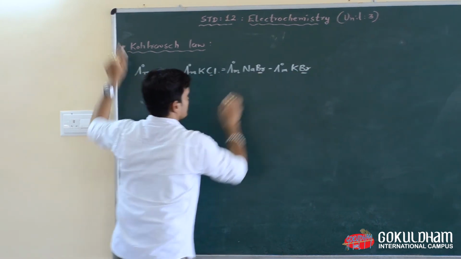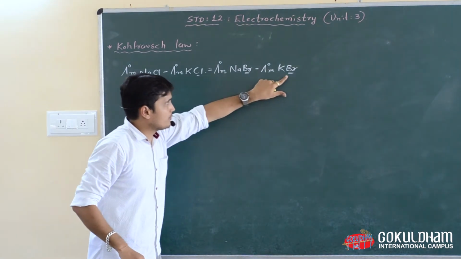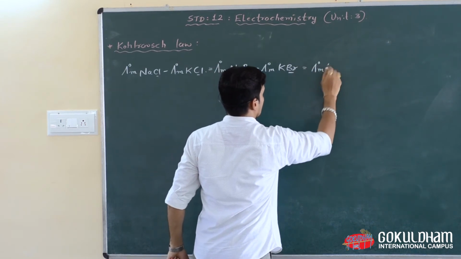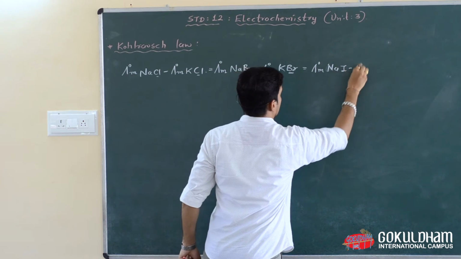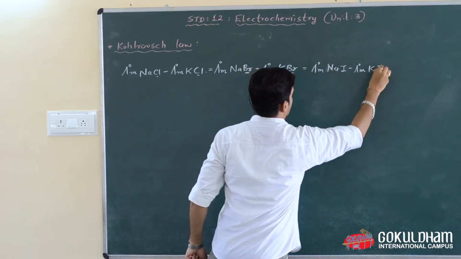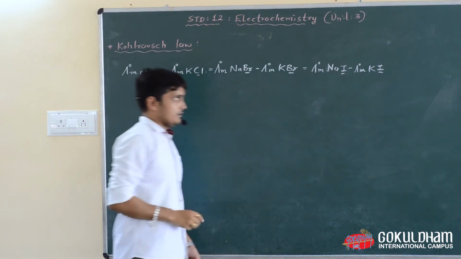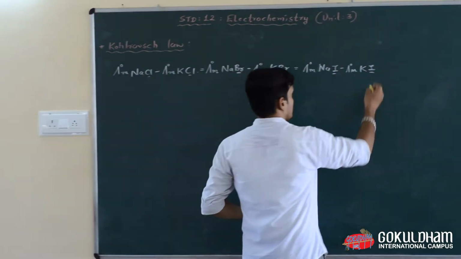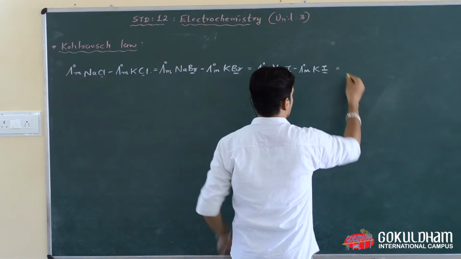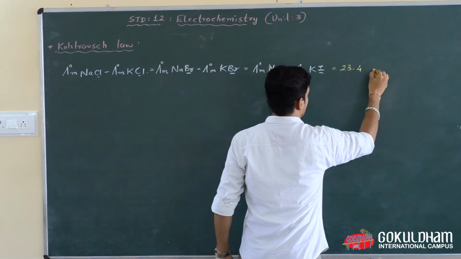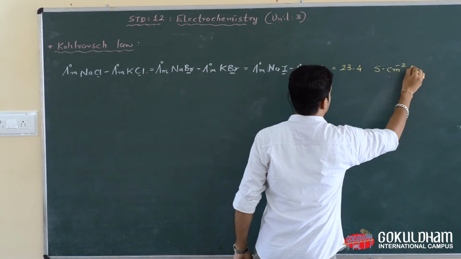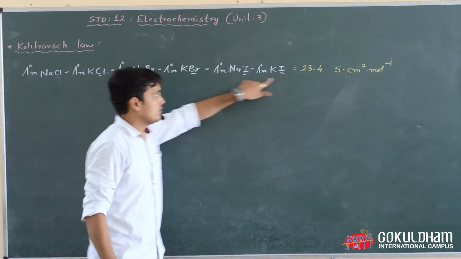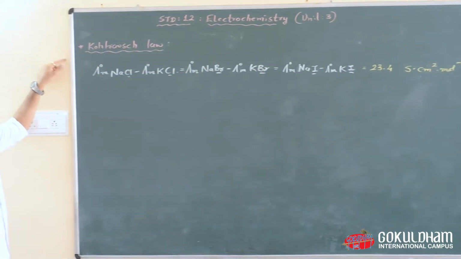This is another case in which the negative bromine ion is common, equal to lambda 0 m NaI minus lambda 0 m KI. In this third category, the negative ion is common. Then Kohlrausch saw that all three solution mixtures give the same result, 23.4 Siemens centimeter square per mole. The result is common for all the couples of reagents.